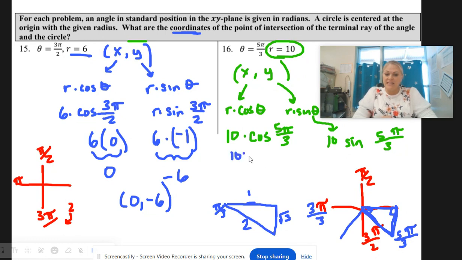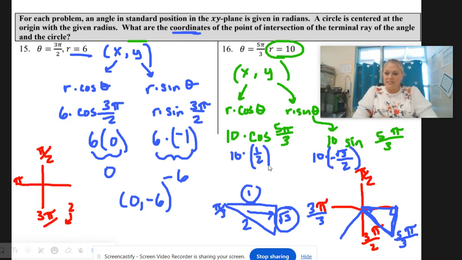So I'd have 10 times 1/2. The adjacent is positive, so this 1/2 is positive. And for the sine, I'm going to have 10 times opposite over hypotenuse, so square root of 3 over 2. In this case, that square root of 3 is negative.